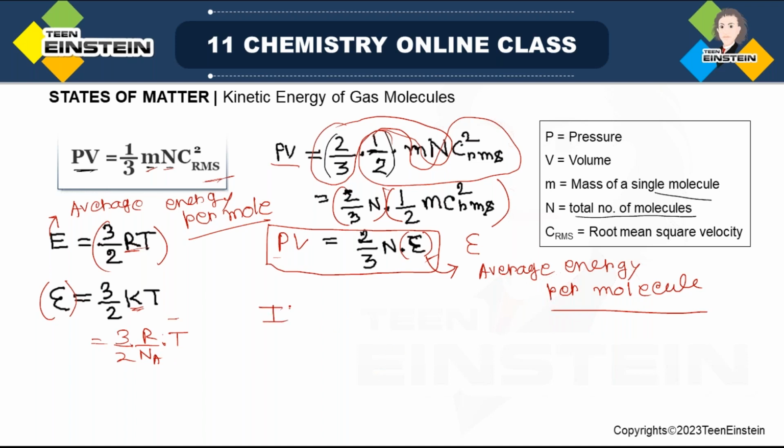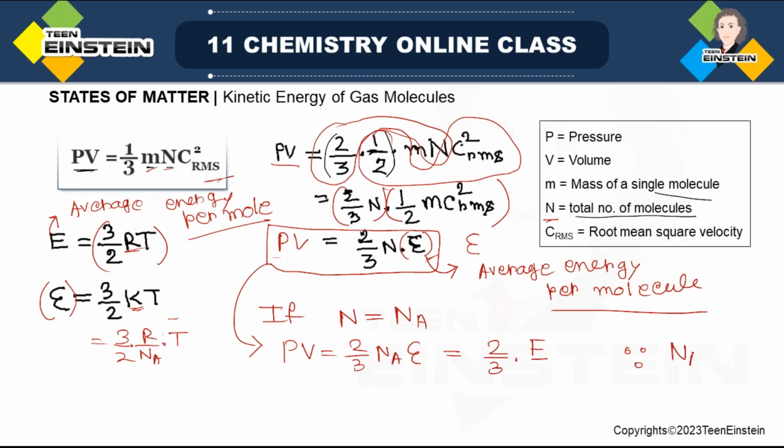Now under this condition, suppose this capital N, the total number of molecules, is equal to the Avogadro number, then you can write the equation PV equal to 2 by 3 Na into epsilon. Now Na into epsilon is basically capital E, because epsilon is energy per molecule for a single particle.